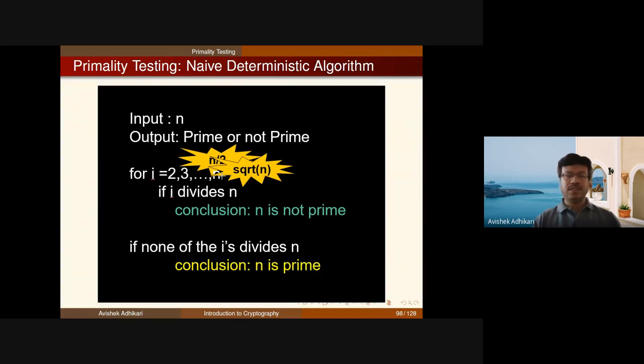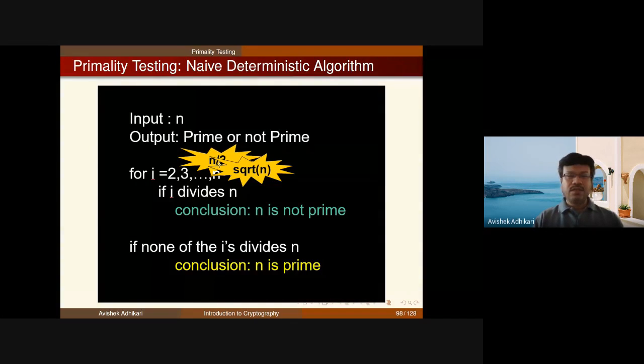One may suddenly say that I could have a better algorithm, in that I may go from 2 to n by 2 instead of n minus 1, and check whether any of these i's divides n or not. If some of them divide n, then certainly your conclusion will be the number is not prime. But if none of them divides n, then your conclusion will be the number is prime.